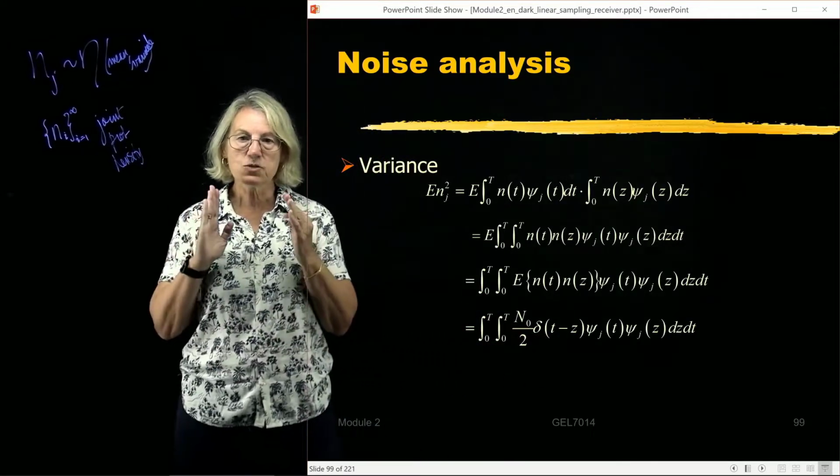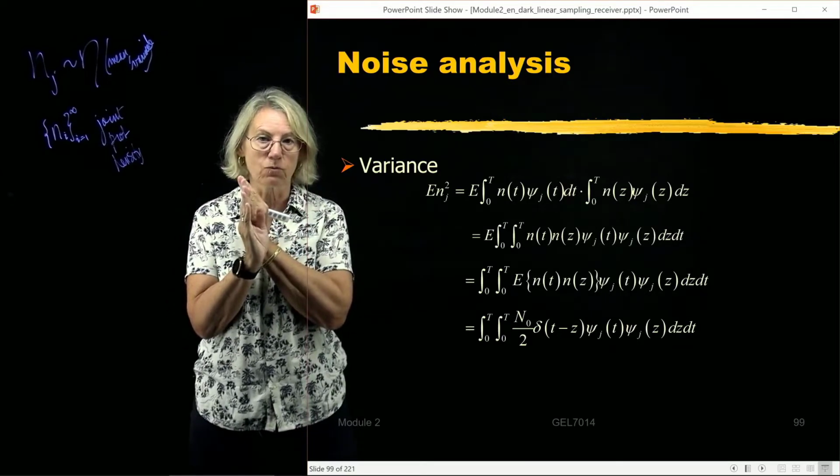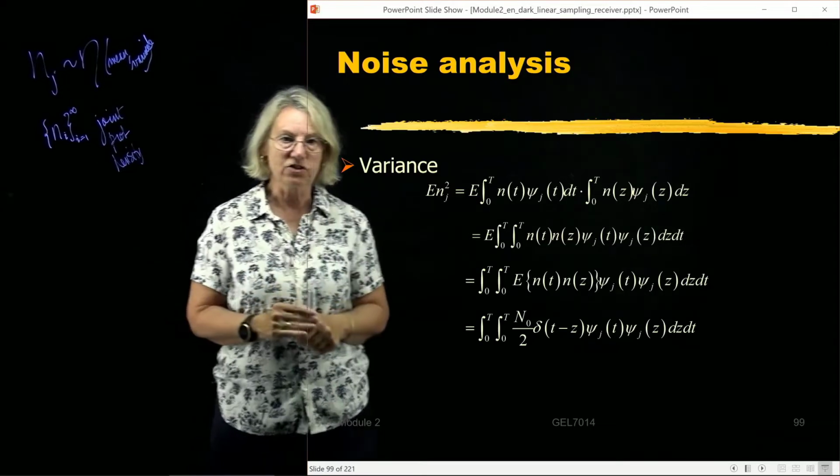In other words, these processes are completely independent unless they are superposed on one another, unless they're essentially the same random process, in which case it's the delta function.